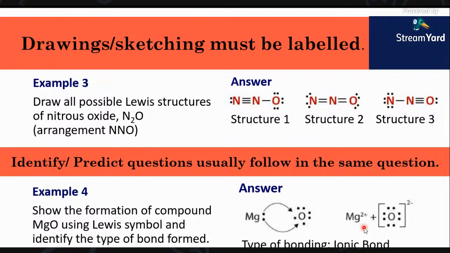In drawings and sketchings, you have to be very specific and you have to label. That's the take-home message. For the type of bond, it is definitely encouraged that you state the type of bonding: ionic bond, instead of just writing ionic bond, because this shows that you are actually answering the question and that you are aware of what question is being asked to you.